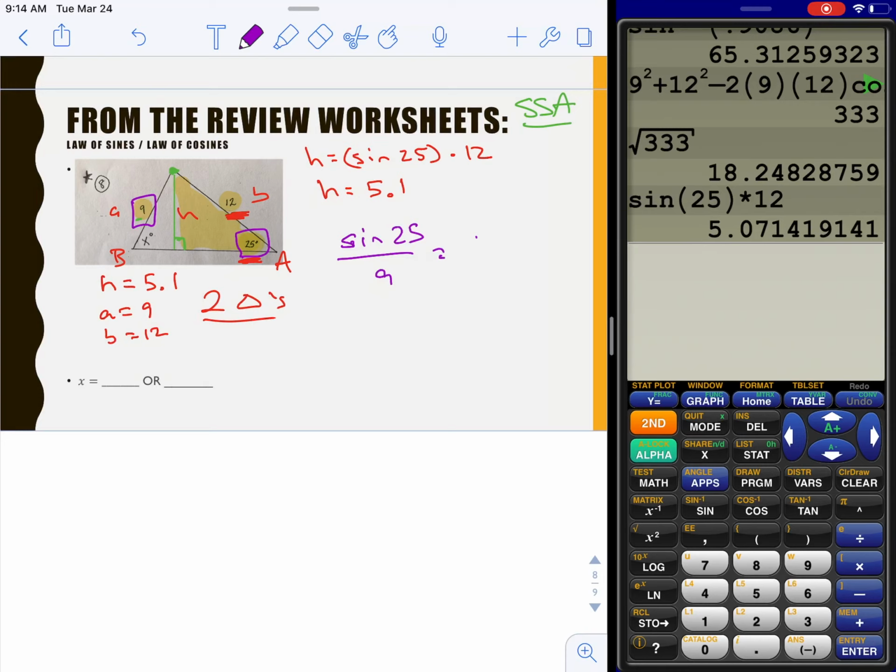And determine what angle B is. So I'm just going to use the x over 12. I'm trying to find these two. So I will cross multiply and divide both sides by 9. All right, let's plug this in.